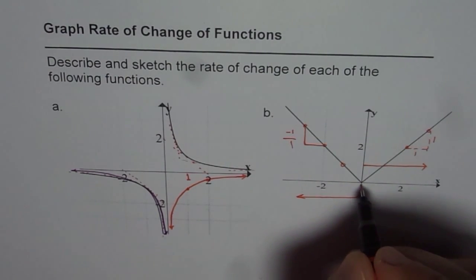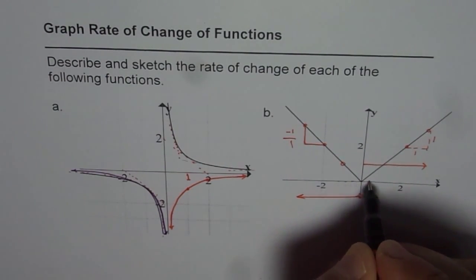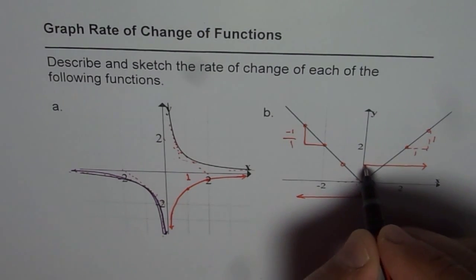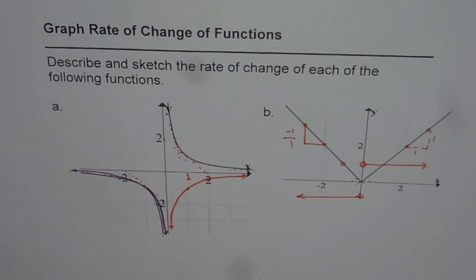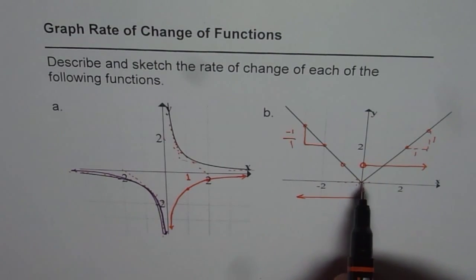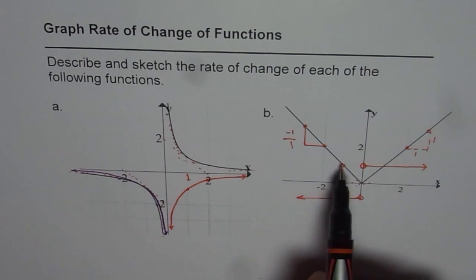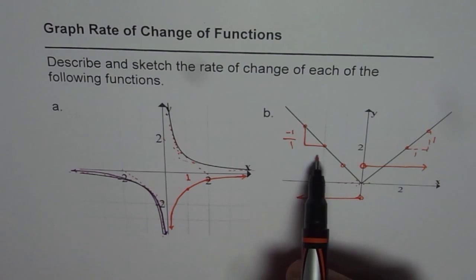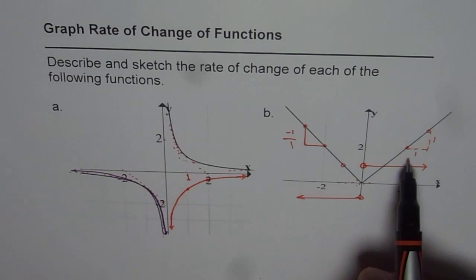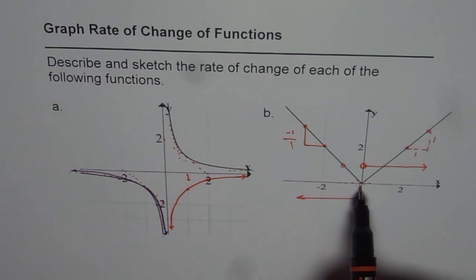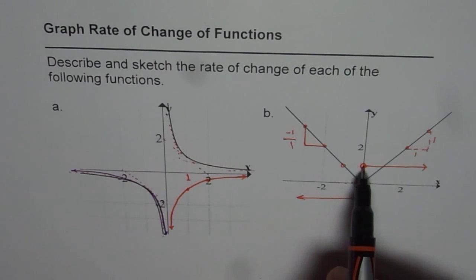Here the slope is undefined because you don't know which line to consider. Do you see that? That's the reason I'm making a hole here. So the rate of change is absolutely clear on the two sides of this absolute function. It is -1 on the left side and +1 on the right side. But at the vertex, this corner, it is undefined, right? And therefore, I made these holes.